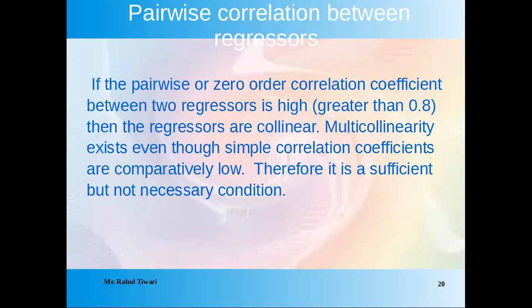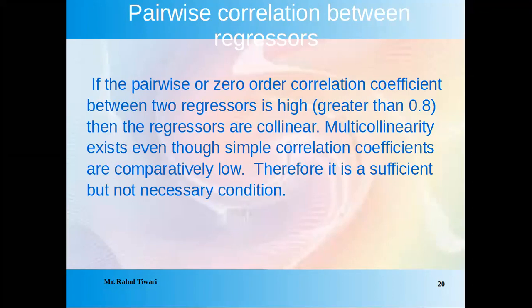That's why there is a next criterion, pairwise correlation between regressors. How do we decide? If the pairwise or zero order correlation coefficient between two regressors is high, say 0.8, then the regressors are collinear.